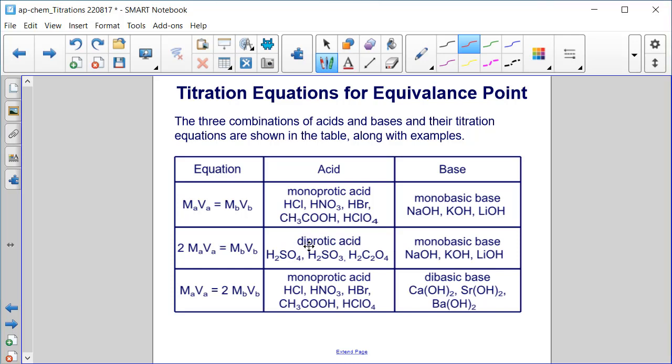The acid is diprotic, so the number of moles would be twice the base. So 2 MAVA equals MBVB. If we have a monoprotic acid and a dibasic base, again, the moles of the base should be twice the moles of the acid. So MAVA is equal to 2 MBVB.